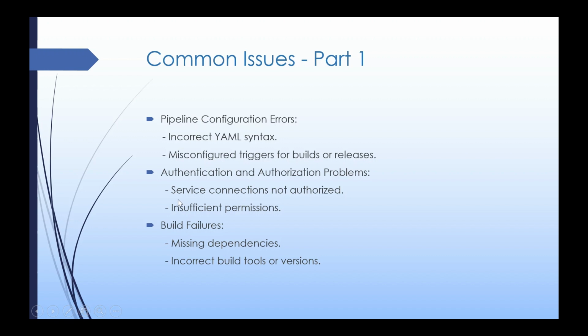Suppose you want to use one service principal to create some resources in a particular resource group, and that service principal doesn't have contributor permission for that resource group. In that scenario, your pipeline will fail with authentication issues.